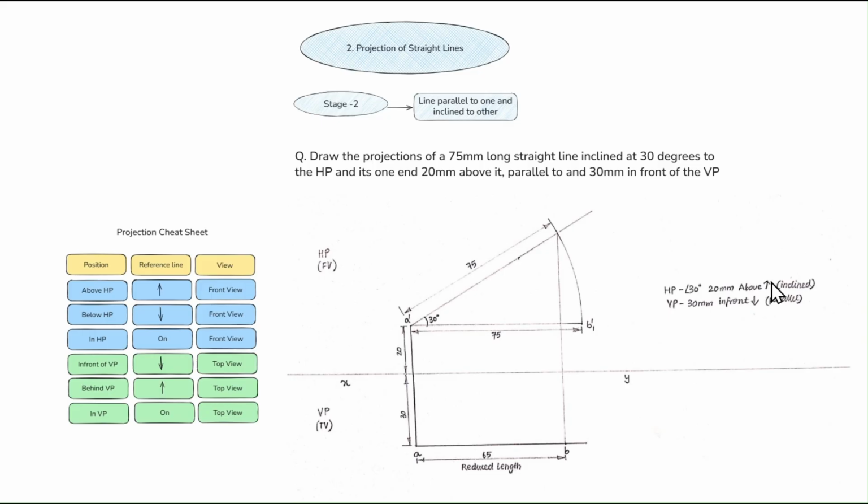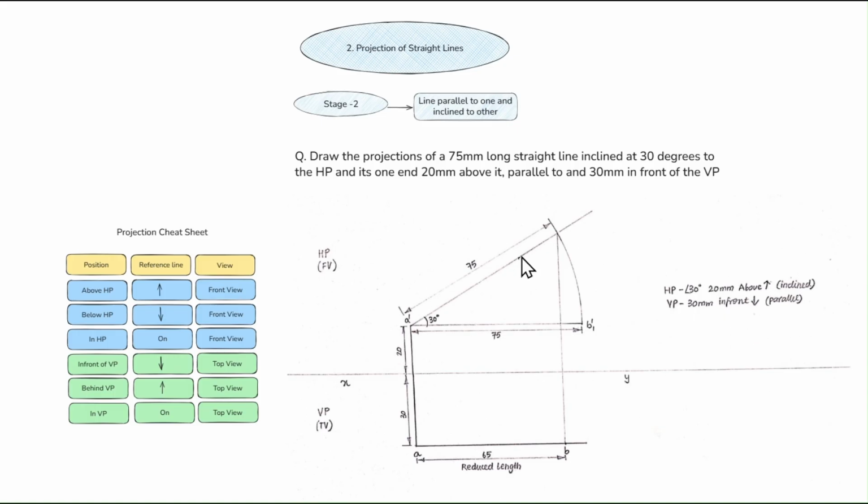Indirectly they have given above HP, giving the length. Next, parallel to and 30 mm in front of VP. There is one thing parallel and 30 mm in front of VP. We know the trick, so you don't have to worry about it. Just note the things they have mentioned: HP 30 degree inclination, 20 mm above, and VP 30 mm in front of, and that is parallel.